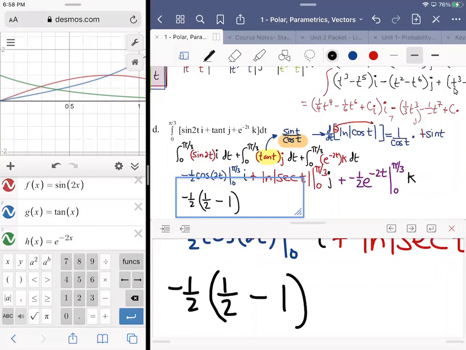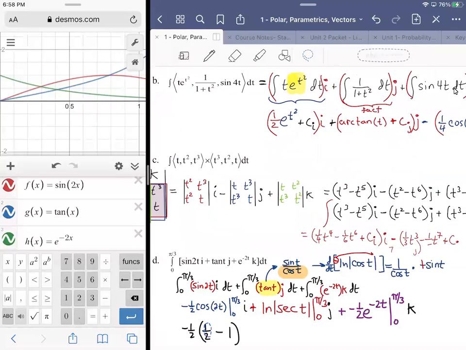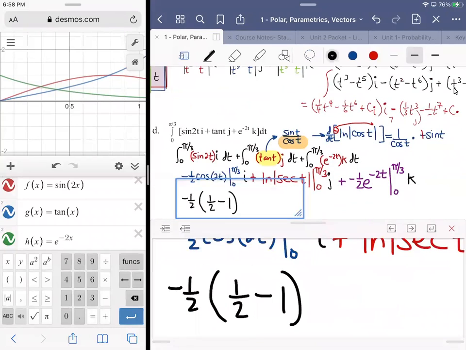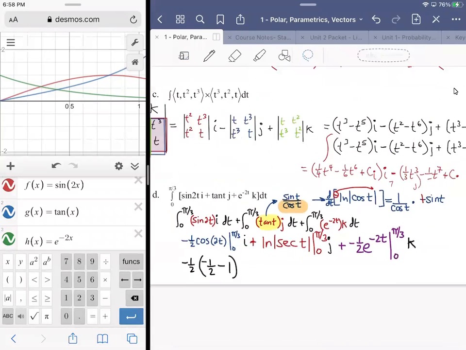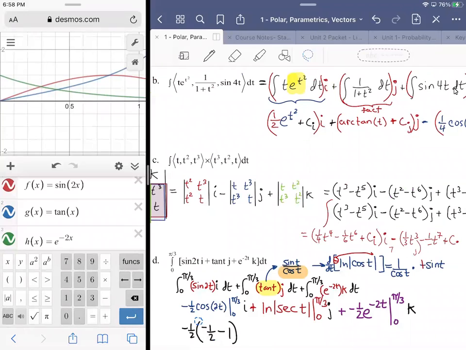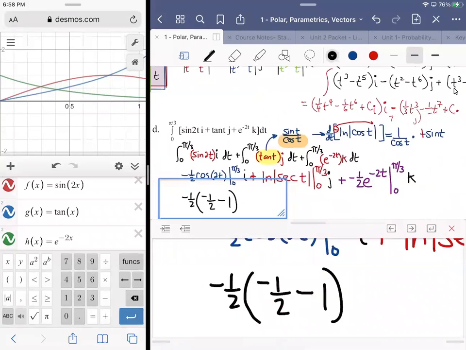Oh, sorry, it's negative 1/2. Yeah, so, and then, there we are. Now the next piece, I don't expect to be quite as neighborly.